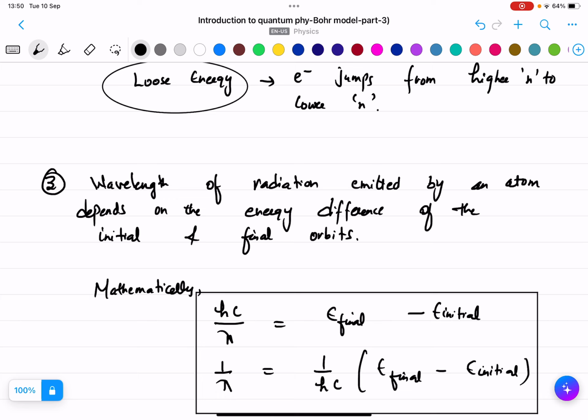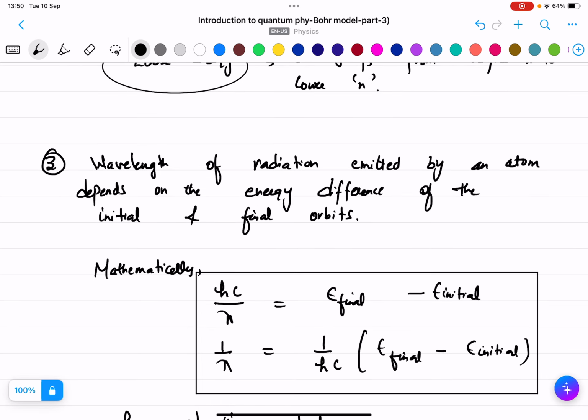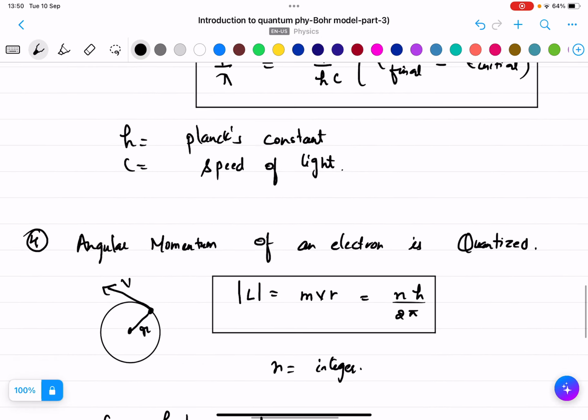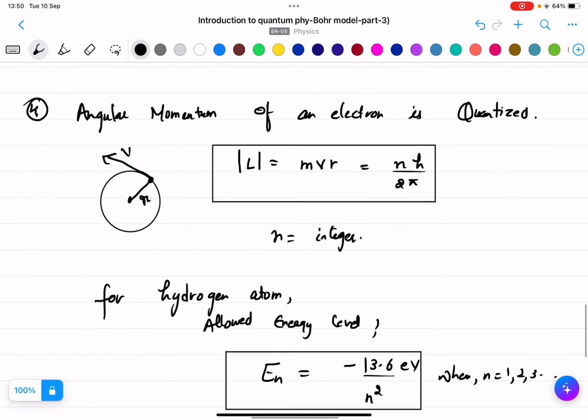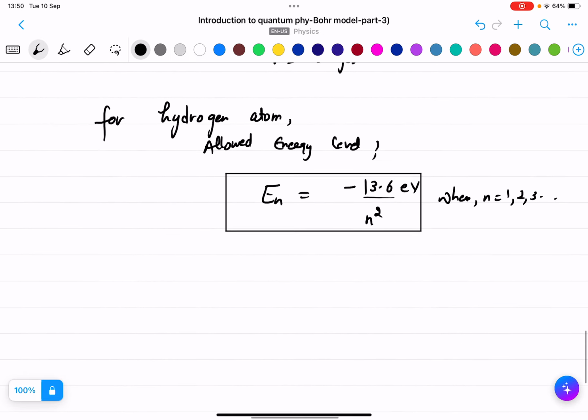Third: the wavelength of radiation emitted by an atom depends on the energy difference of initial and final orbits, hc by lambda, or 1 by lambda equals 1 by hc times E final minus E initial. And last: the angular momentum of an electron is quantized, mvr equals nh over 2 pi, where n is an integer. These are the formulas we need to remember.